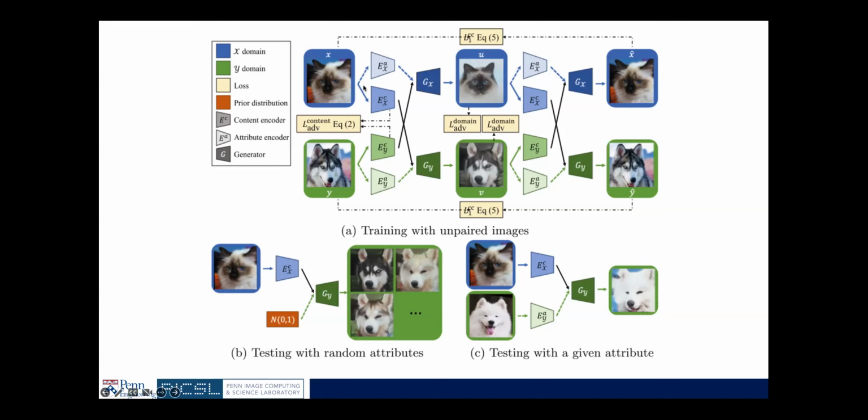So what we are trying to do here is take this cat image, X, and this dog image, Y, and do an image translation between them. Make the cat look like a dog and the dog look like a cat.